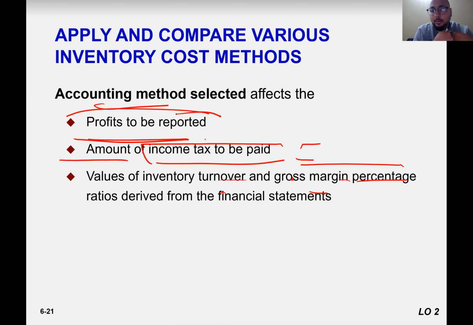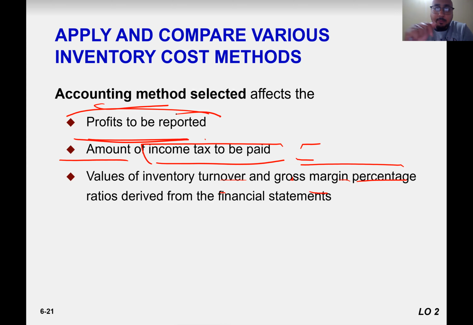So it means there is a chance for manipulation because there is a judgment involved here. This is of a subjective nature, right? So as a manager, if my responsibility is to decrease the taxes, I will choose that method in which I have to pay less taxes.